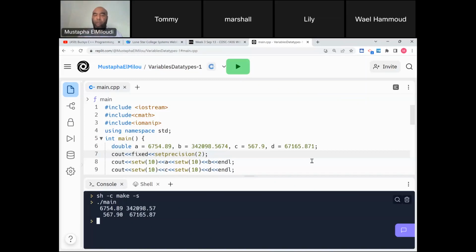And at the same time they're aligned because of the setw. So setw will allocate the spaces, and then setprecision decides how many. If you want 3 decimal points, just put 3 in there. If you want only 1, that's fine. This is just to make sure that everything is displayed properly, so it looks like a table. Okay. All right. Any questions about this?